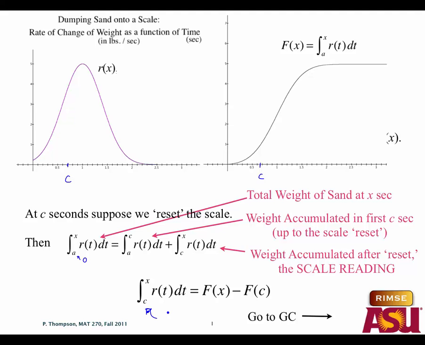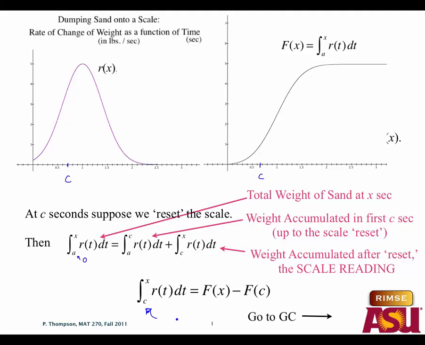So you think of it as hitting a reset button on the scale, and now we're going to start from 0. But there was already accumulation before. So it's like the total amount of accumulation minus the accumulation up to our reset point is going to give us how much accumulation we had since the reset.